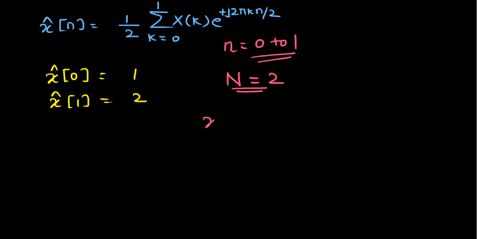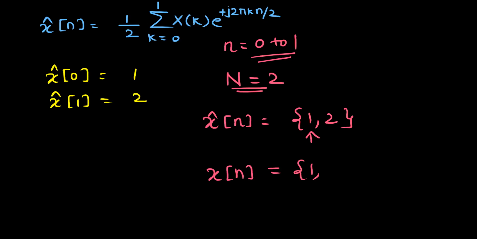Now if we observe this sequence here, x hat of n, it is equal to 1, 2, where this 1 is at n equal to 0, and if we consider our original signal, it is 1, 2, 3, 4, where this 1 is located at n equal to 0.